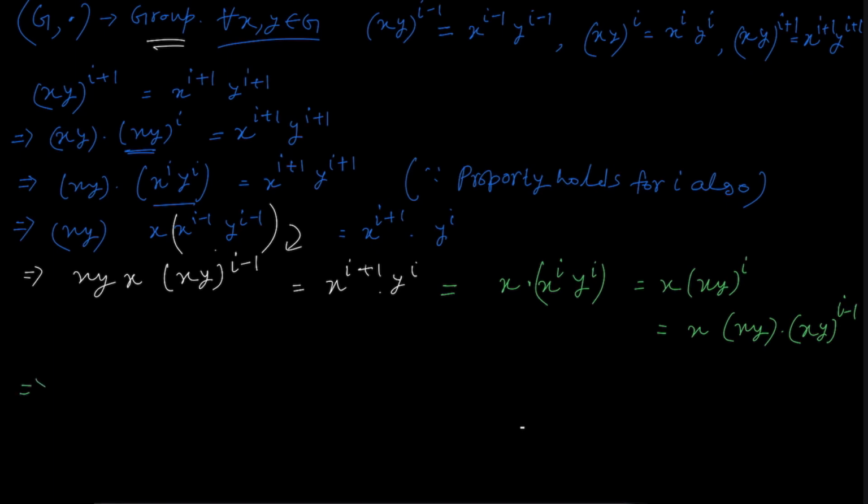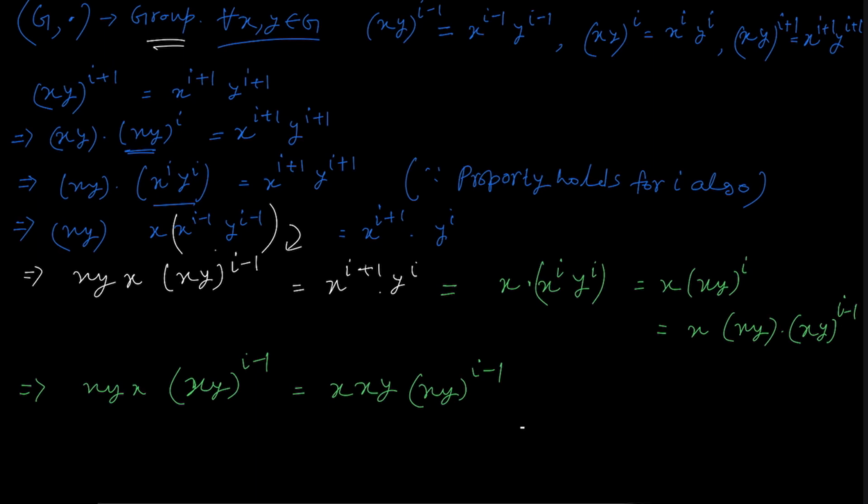So what we basically get: xy · x · (xy)^(i-1) = x · xy · (xy)^(i-1).